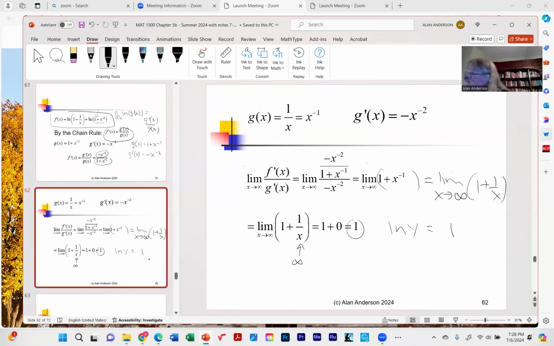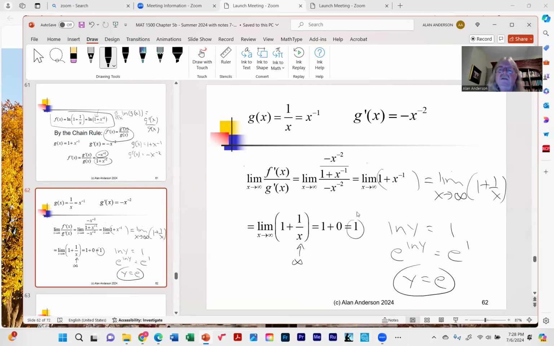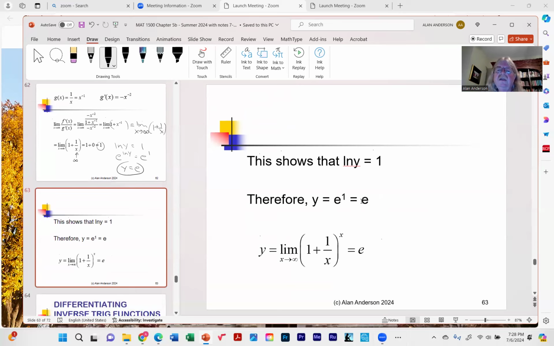So if that's the case, y equals e. All right, so what this means then is that this, which was our original problem, has a limit of e.